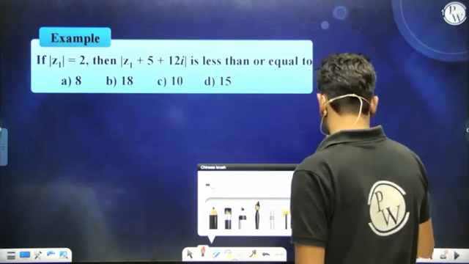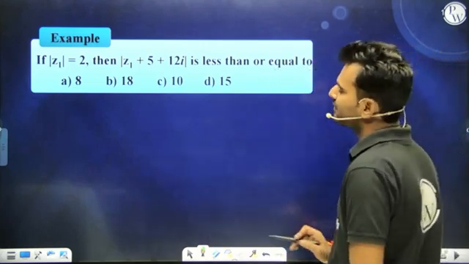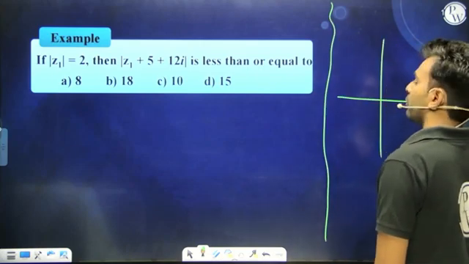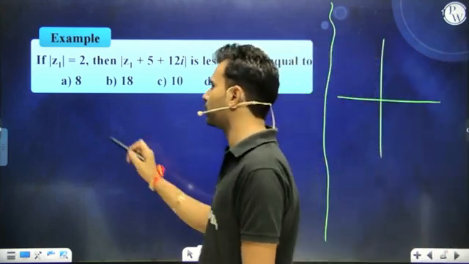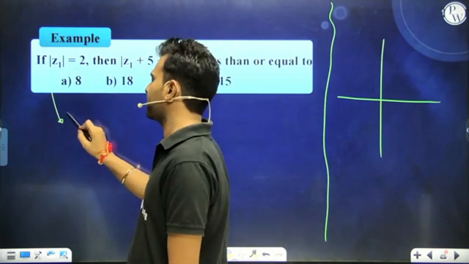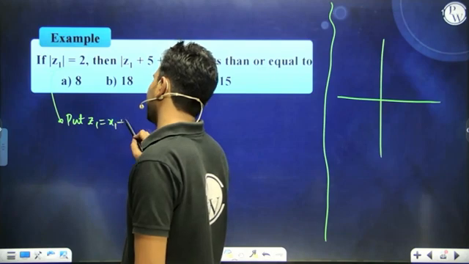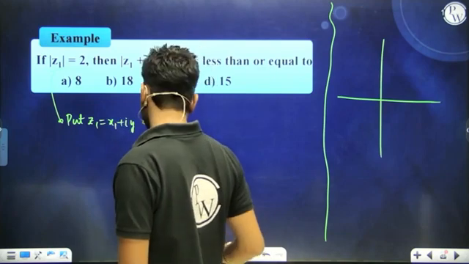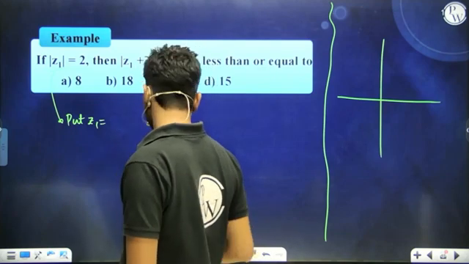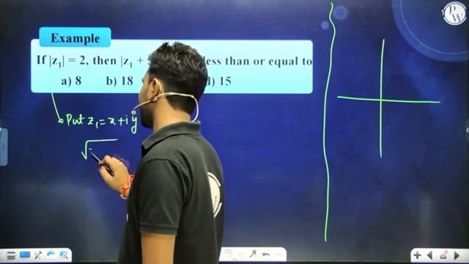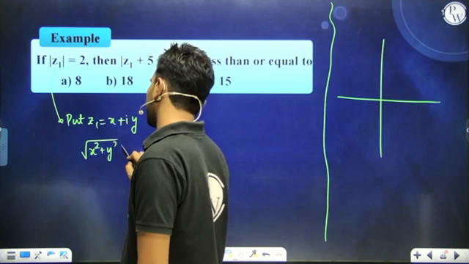Okay, now talking about this problem, if mod z1 is equal to 2, let me tell you how many complex numbers z1 there are for which its modulus value will be equal to 2. If we put z1 as x plus iy, then we can say that mod z1 can be written as under root of x square plus y square equal to 2.